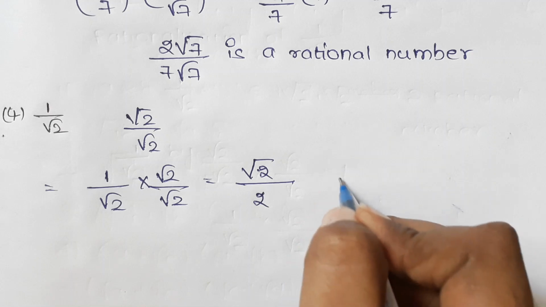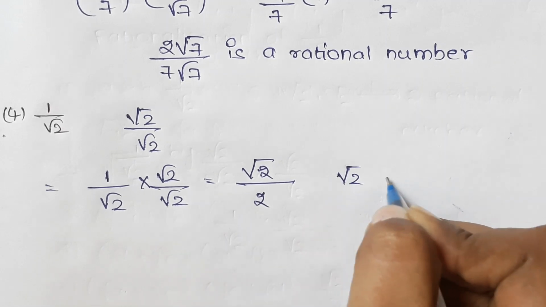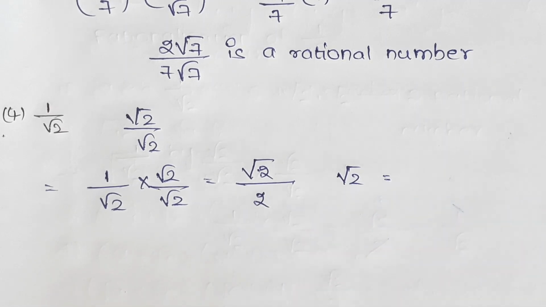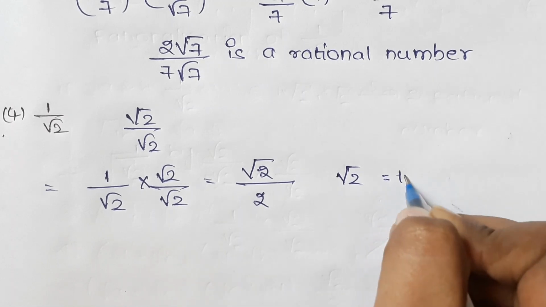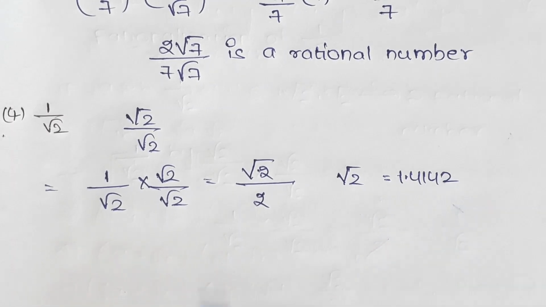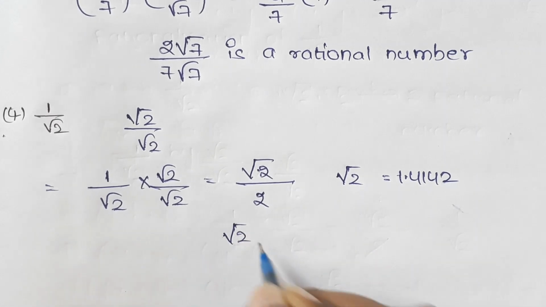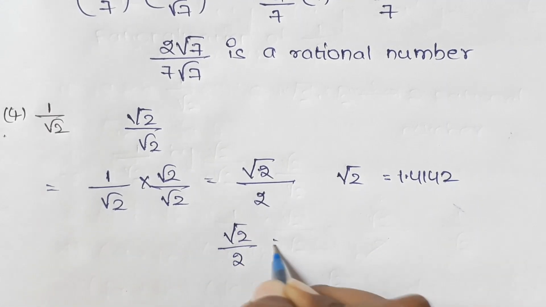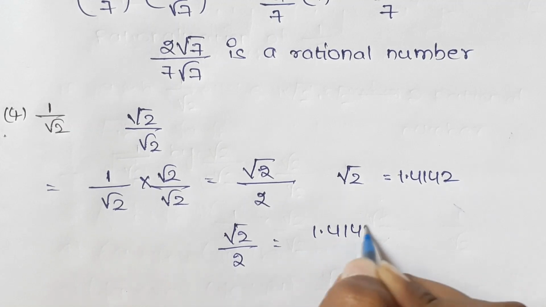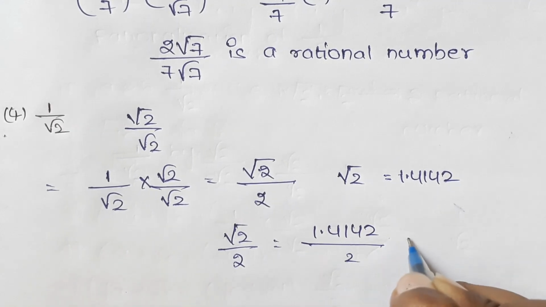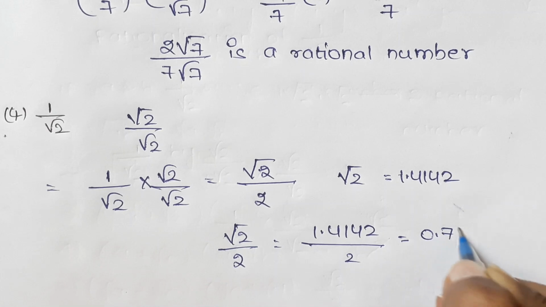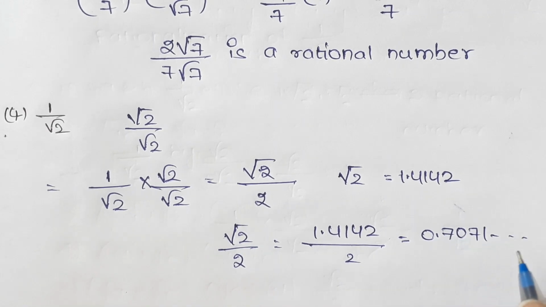Here we know that the root 2 value is 1.4142. From this, when we divide root 2 by 2, we will get 1.4142 by 2, that is 0.7071, and so on.